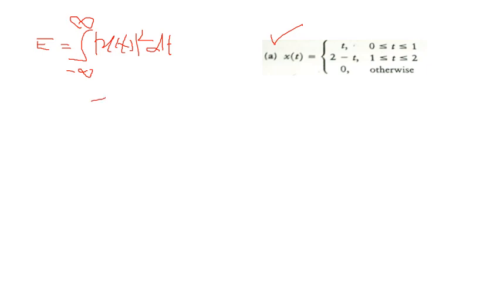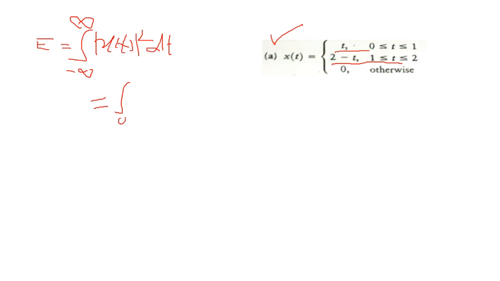So that means, because this is again an example of the piecewise signal, it has value equal to t for 0 to 1, and it has another value for the next range of time.